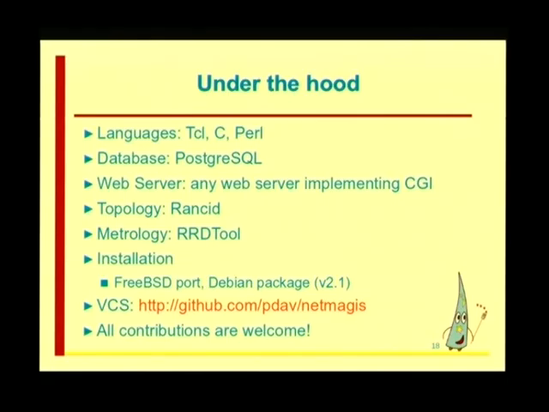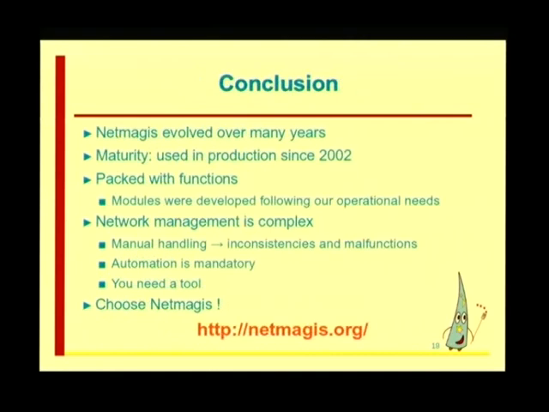For metrology, as I've already said, it's based on the RRD tool. And to install netmagis, currently there is a FreeBSD port, and a Debian package is currently in the making. All the code is on GitHub, at the address you see, and we welcome all contributions to our project.